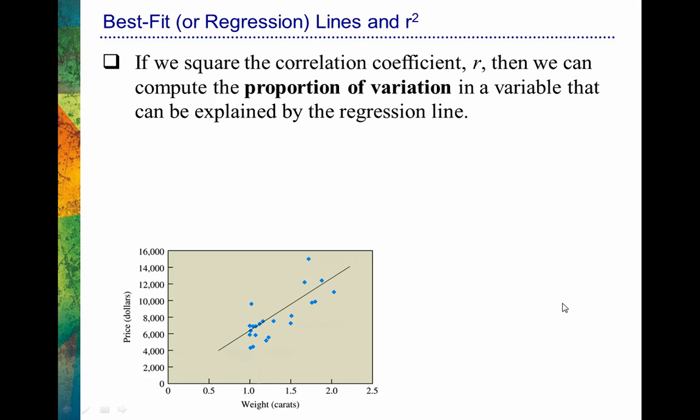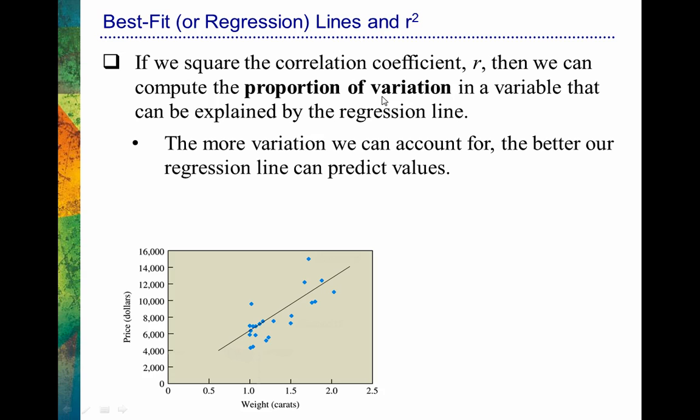All right, let's talk a little bit more about the data that we're dealing with. When we compute a correlation coefficient, R, we can learn something really important about the data in terms of the proportion of variation that variable is able to explain by being included in that regression line. So the more variation we can account for, the better that regression line predicts values.